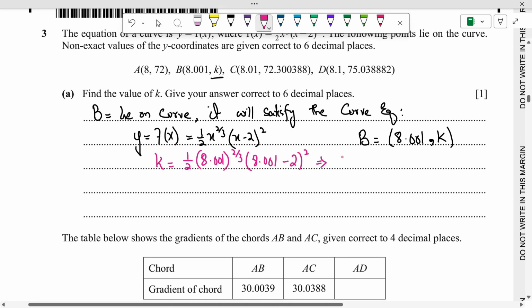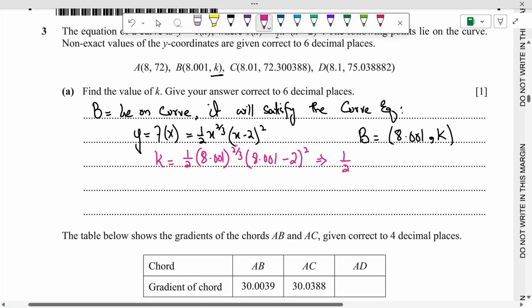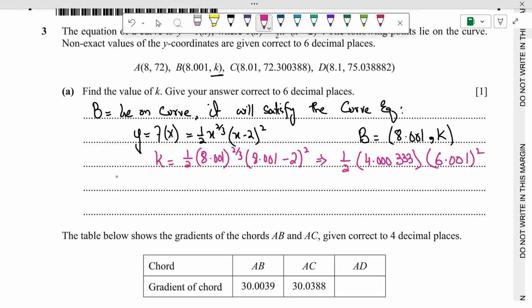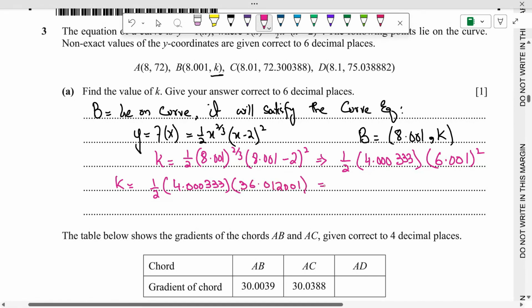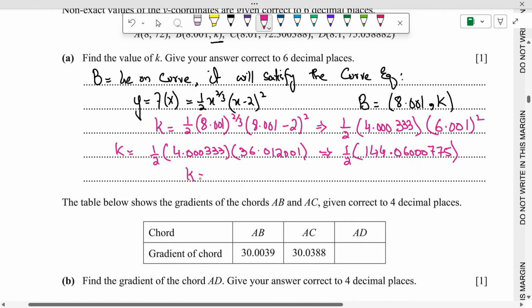This equals half times 4.000333 times 8.001 minus 2, which is 6.001 squared. So k is equal to half times 4.000333 times 6.001 squared, which is 36.012001, and this equals 1 over 2 times 144.06000775.